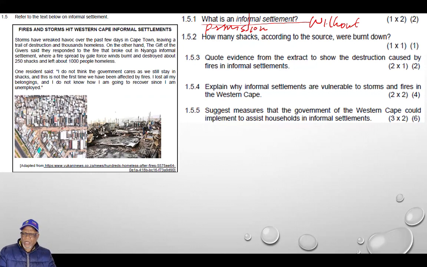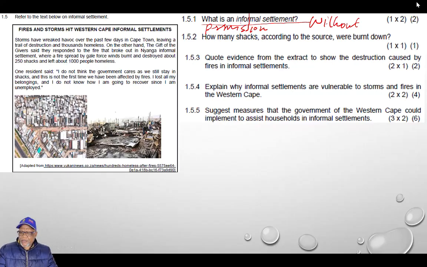This is what we call an informal settlement. But again, you must be careful: don't confuse informal settlements with the informal sector. They are two different things. We'll look at the informal sector when we go to economic geography.